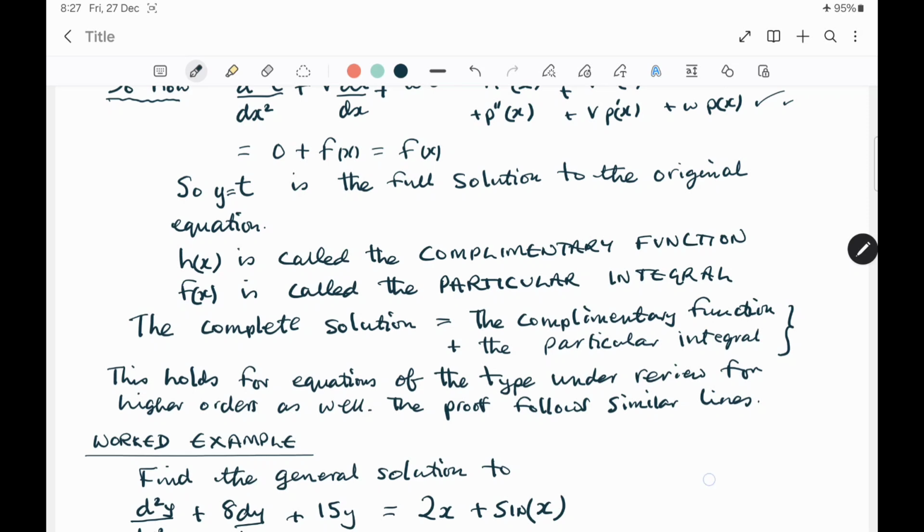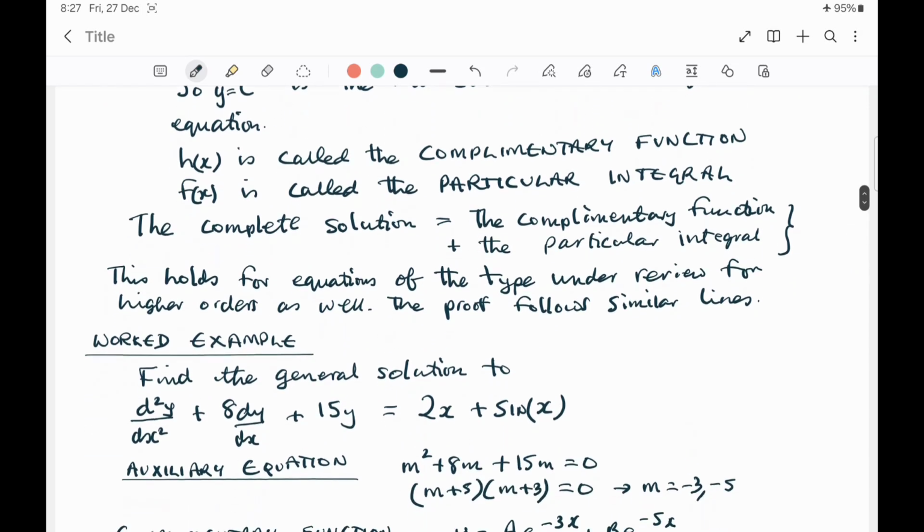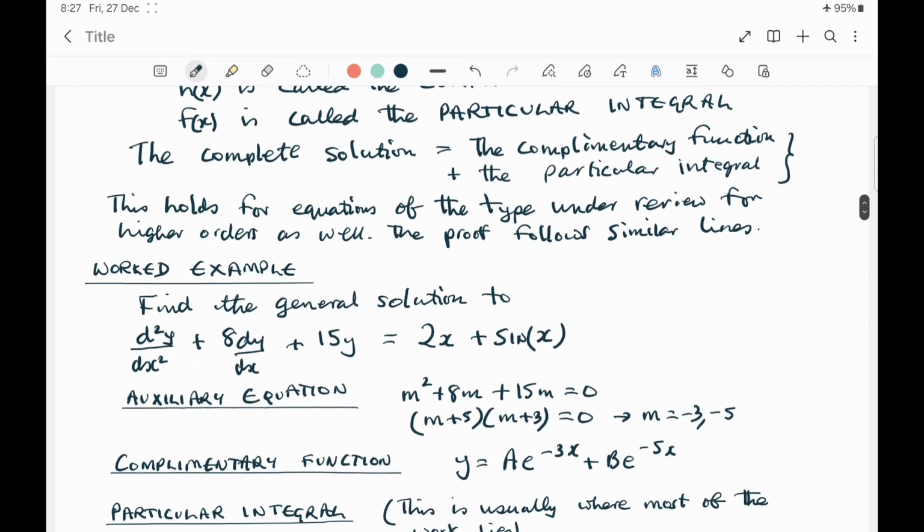So I'm now going to do a worked example of a second-order equation of the type we've just been talking about. And here it is, d2y/dx² + 8 dy/dx + 15y = 2x + sin x. Now, the auxiliary equation is the equation of considering the left-hand side equal to 0.